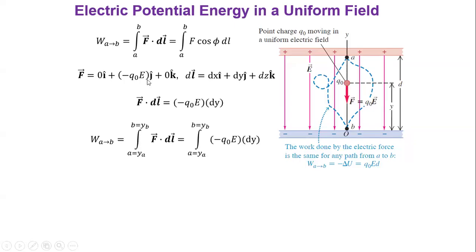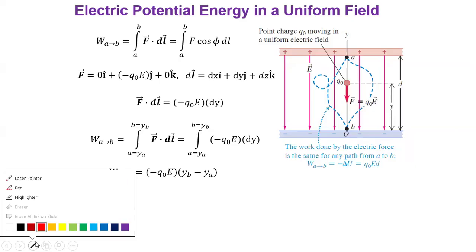Again, we're going to integrate this one. The integral of dy is just equal to YA over YB. Let's assume that this is YA and this is YB.